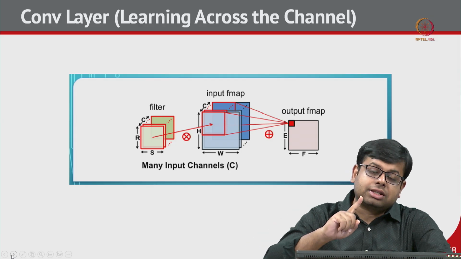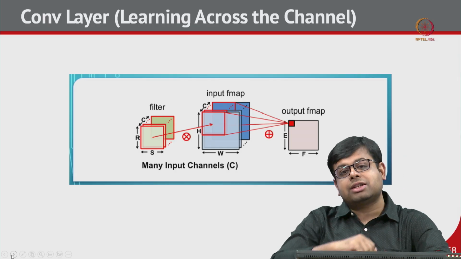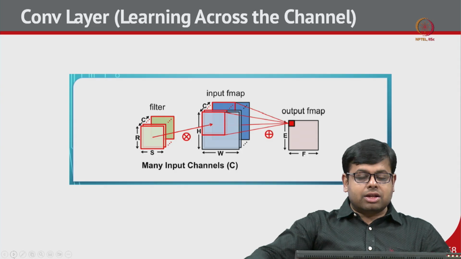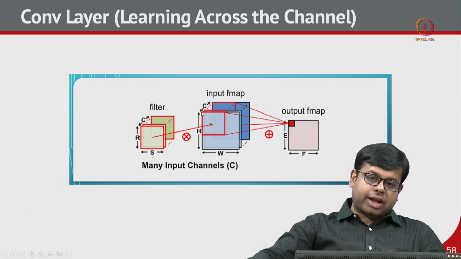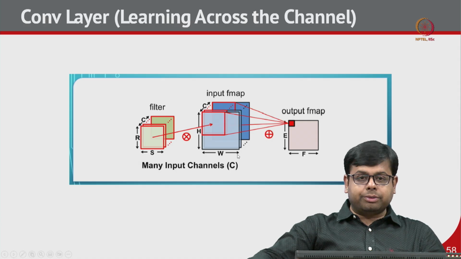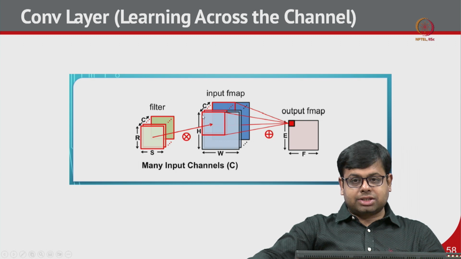Now, since there are multiple channels in the image, we need multiple channels in the filter also, right. So, that is why you can see that again we have this image of height H and width W. Now, we do not have a single channel. Instead, we have multiple channels. The number of channels is C in this case.